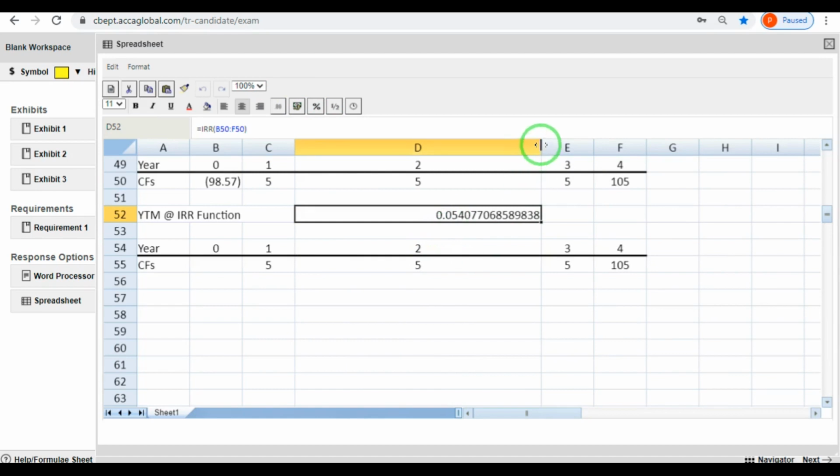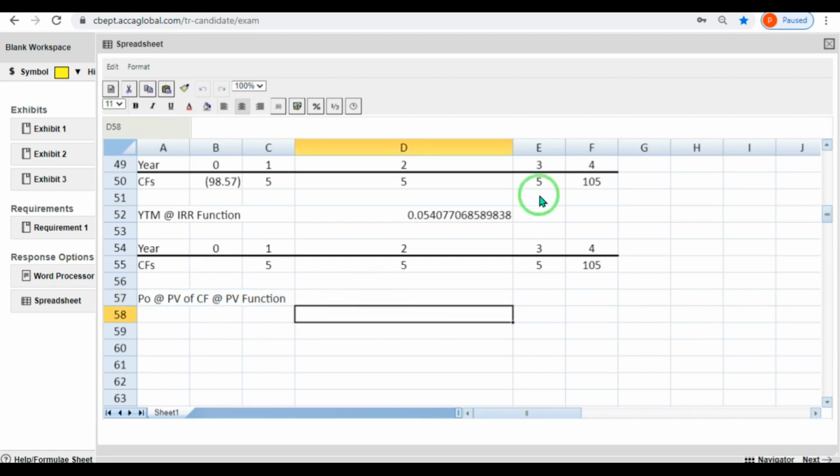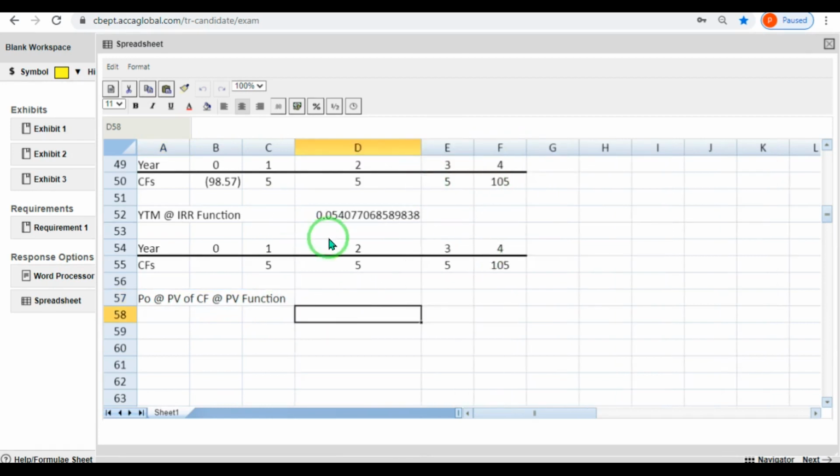I just want to prove something to you now. I want to find the price using the yield, using the PV of the cash flows, using the PV function. The reason I did this is that the rate is 5.4%. So what I'm going to do here is put equals NPV, open bracket, 0.054.